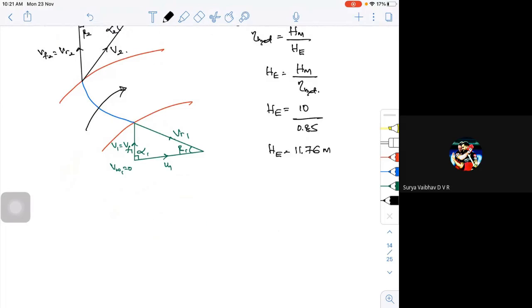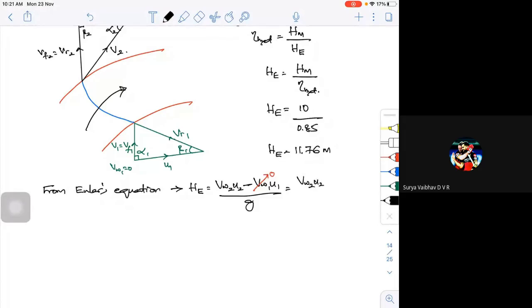Okay. Now, what is HE? From the Euler's equation for the pump, HE is equal to VW2 into U2 minus VW1 into U1, divided by g. Here VW1 is equal to 0. I am left with VW2 into U2 by g. Now look at the exit velocity triangle.